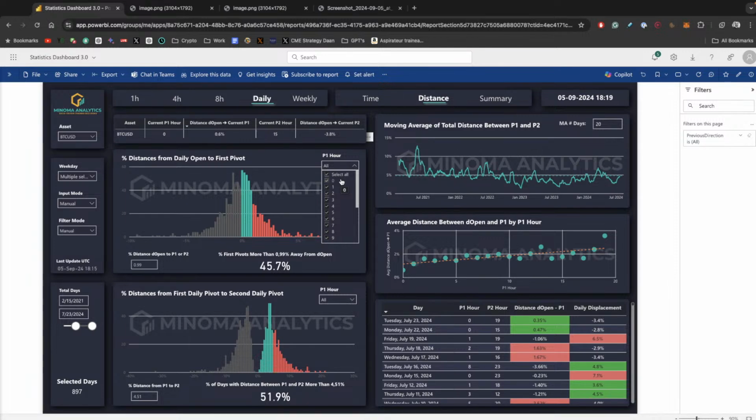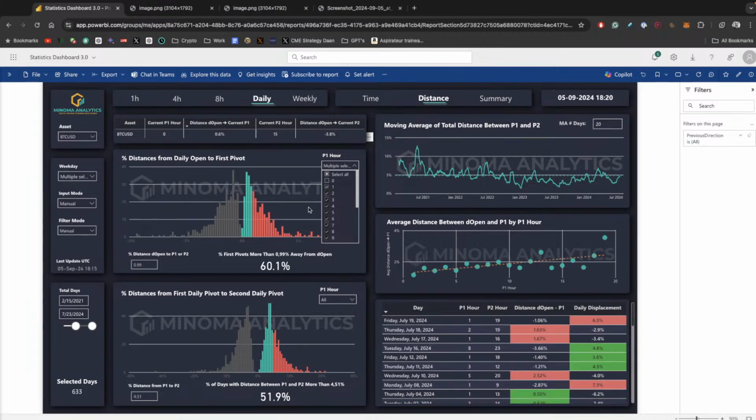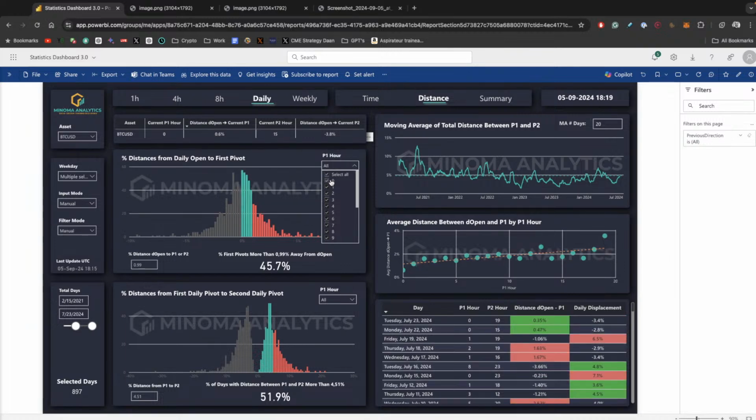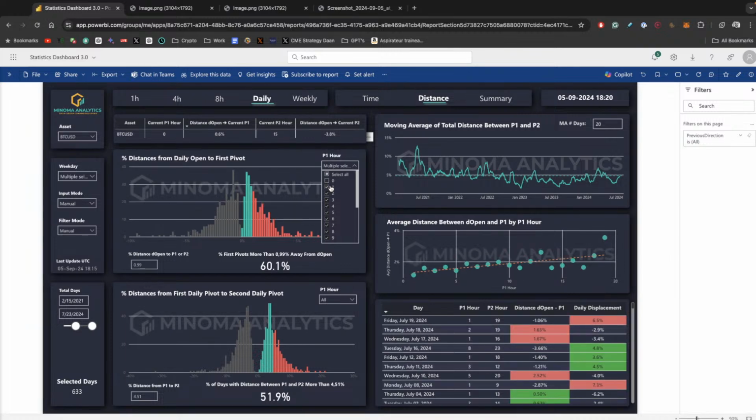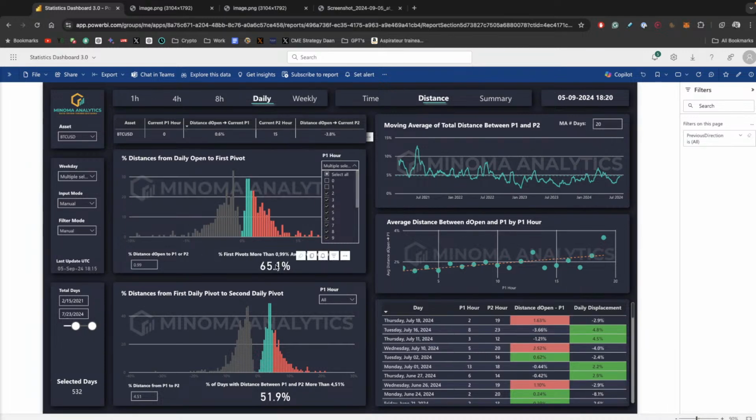Without conservative filtering, the probability estimate, so this estimate, reflects a broader, naturally weighted view, where the more frequent early P1s hold more weight. This approach is inherently optimistic about P1 being close to the daily open and offers earlier signals, hence more aggressive. But before I explain that further, if we remove hour 0, bam, this thing shoots from 45 to 60%. If we remove hour 1, it shoots from 60 to 65.